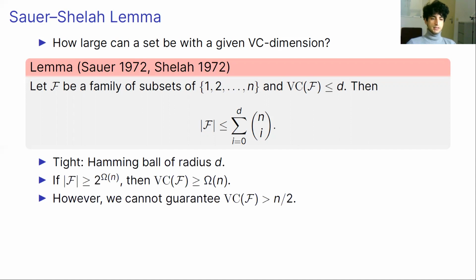But of course, it's not possible, because Sauer-Shelah cannot guarantee anything over n over 2. So this is the barrier of Sauer-Shelah and VC dimension. We can see this by considering the Hamming ball of radius n over 2. This is a constant fraction of the Boolean cube, but its VC dimension is only n over 2. So we cannot guarantee anything beyond n over 2.